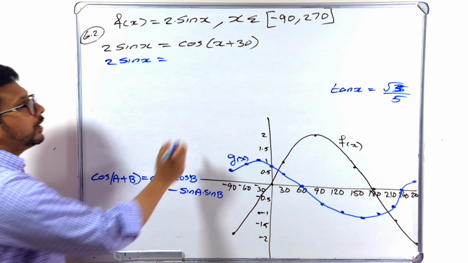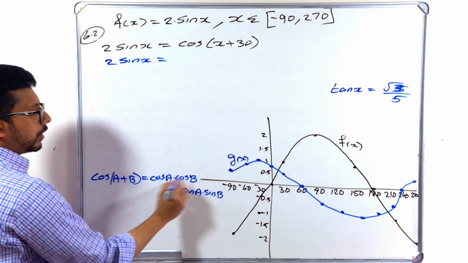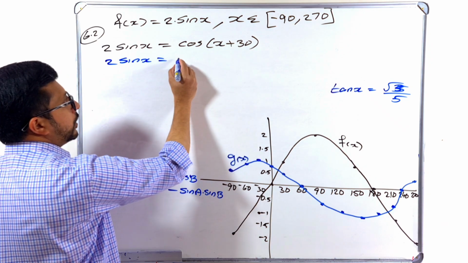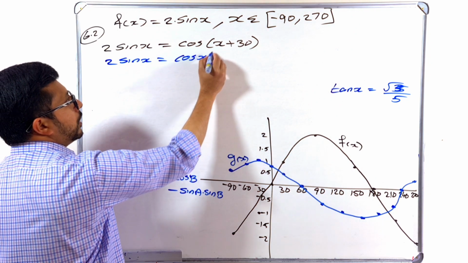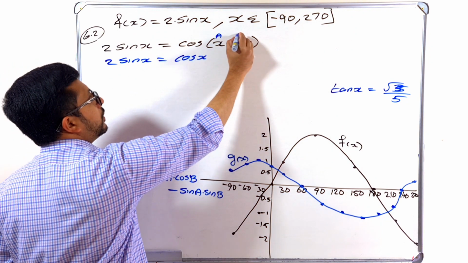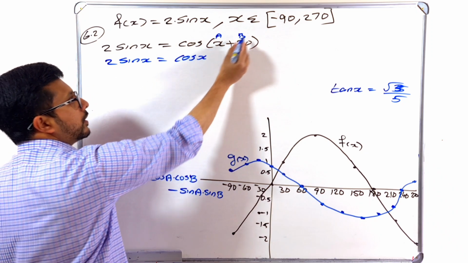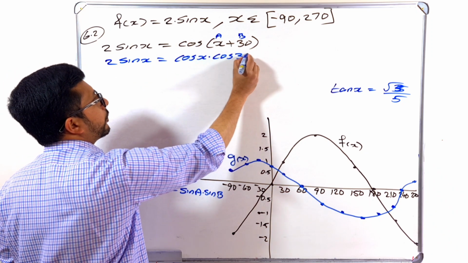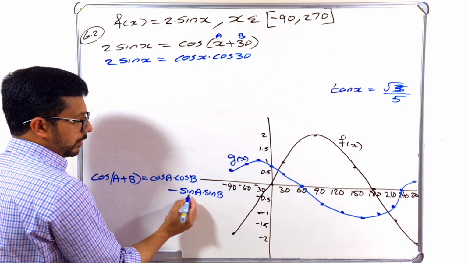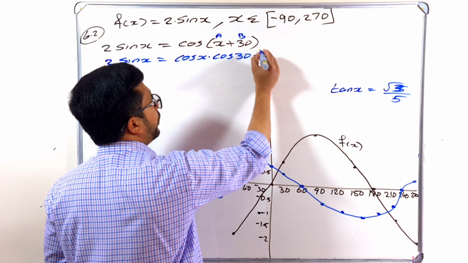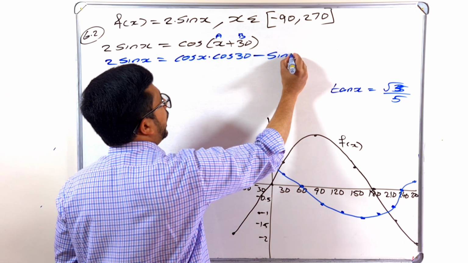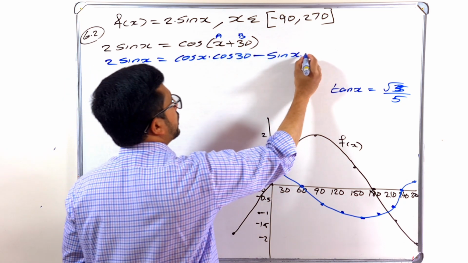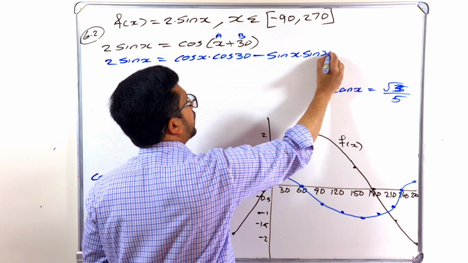Similarly here you have to expand: cos x cos 30, where a is x and b is 30. So cos x cos 30, then minus sin x sin 30.